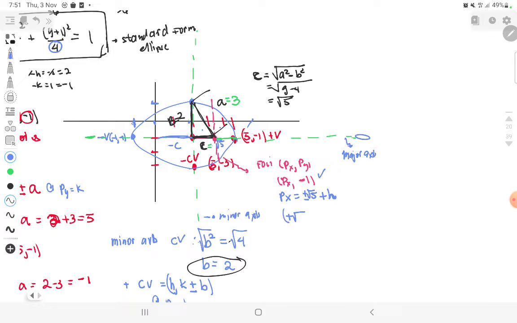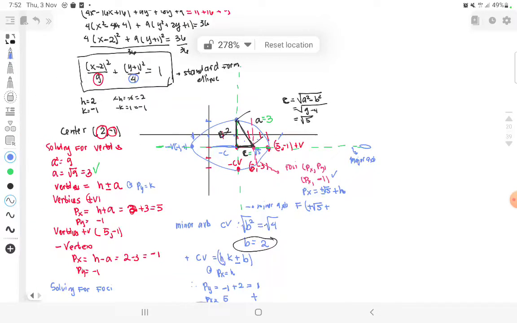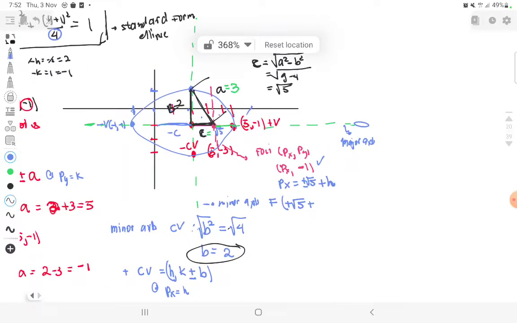So the points of my foci will be equal to positive square root of 5 plus H, where our H is equal to 2. So plus 2 and negative 1.